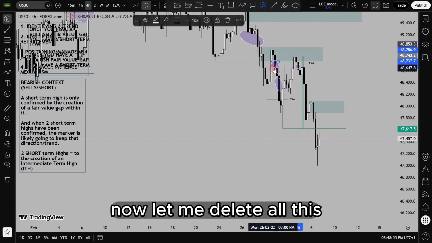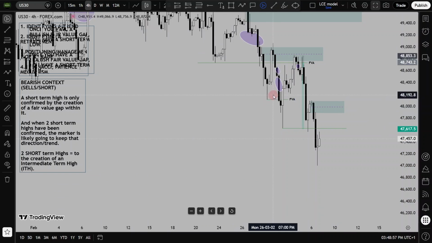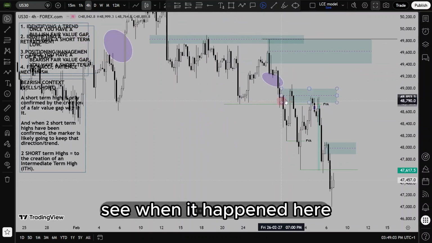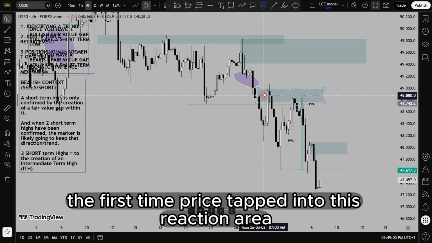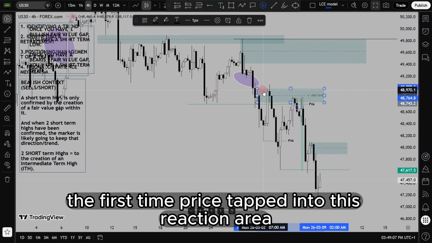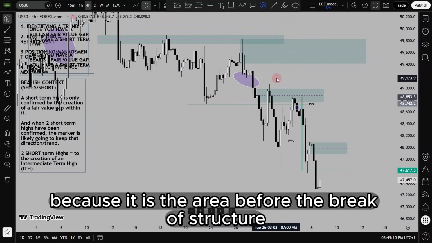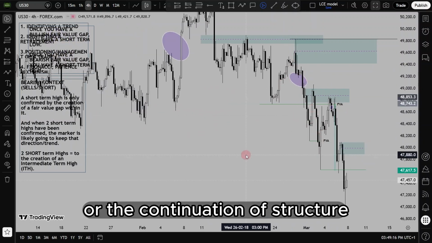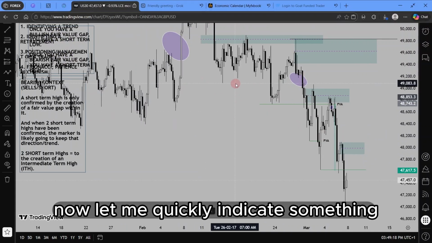Now let me delete all this. See, when it happened here the first time, price tapped into this reaction area because it is the area before the break of structure, or the shift of structure, or the continuation of structure. Now let me quickly indicate something.